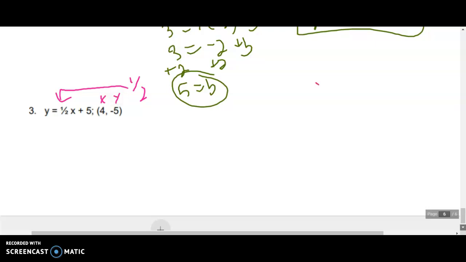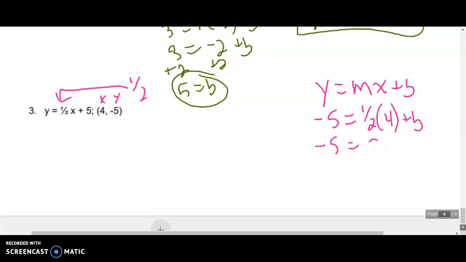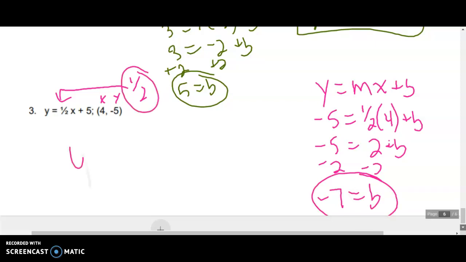So we type in y equals mx plus b. -5 equals half times 4 plus b. -5 equals half of 4 is 2 plus b. I subtract 2 from both sides. I get -7 equals b. Means we have an intercept of -7, a slope of half, so our equation is y equals half x minus 7. And that's how you do it, okay?